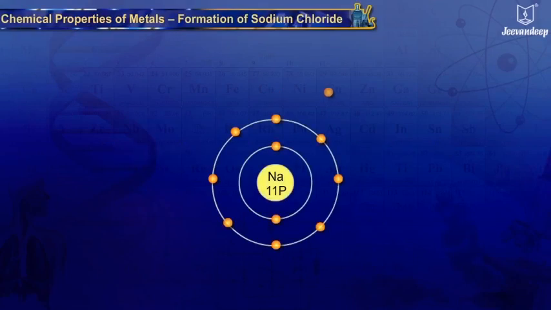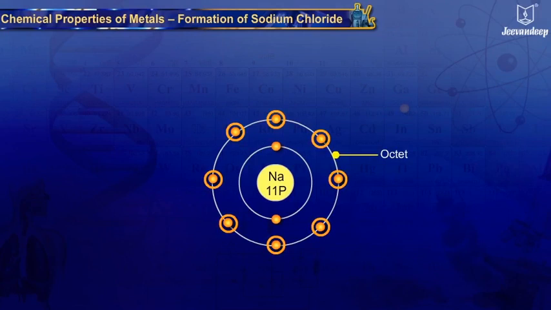All elements react in order to get a stable electronic configuration, that is, 8 electrons, octet, in their outermost shell.